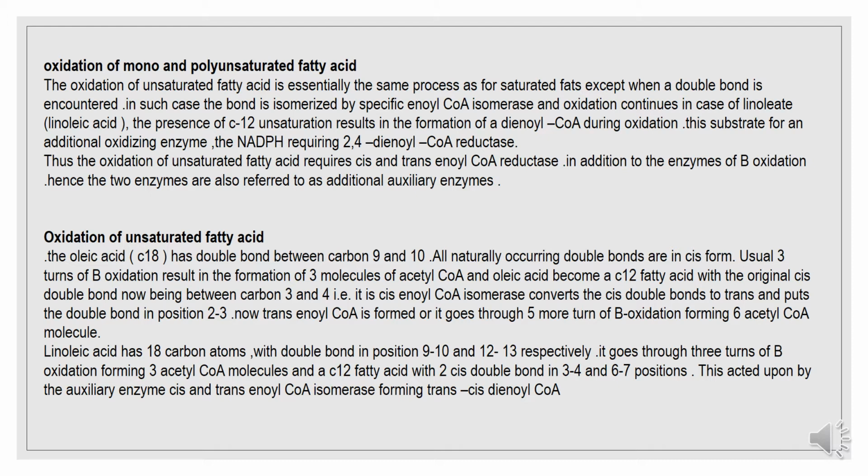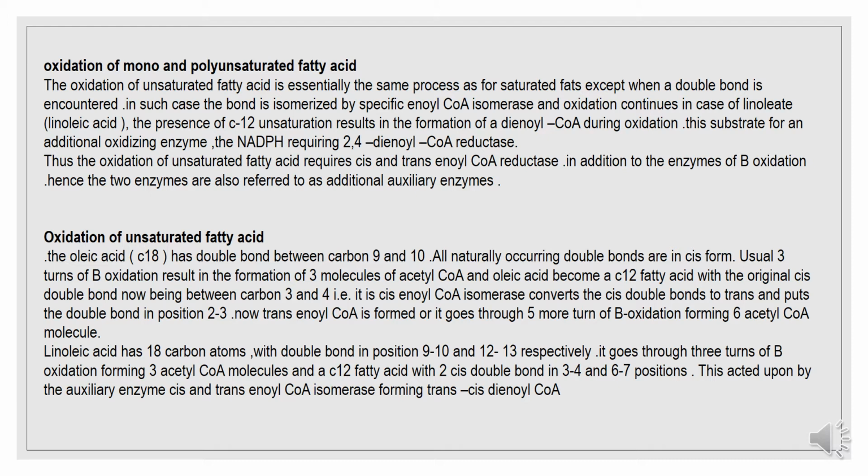Hence, the two enzymes are also referred to as additional auxiliary enzymes. Next is oxidation of unsaturated fatty acid. Oleic acid, C18, has a double bond between carbon 9 and carbon 10. All naturally occurring double bonds are in the cis form, and the usual 3 turns of beta oxidation result in the formation of 3 molecules of acetyl coenzyme A, and oleic acid becomes a C12 fatty acid with the original cis double bond now between carbon 3 and carbon 4.